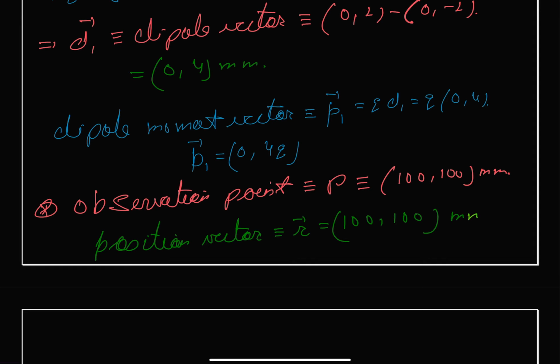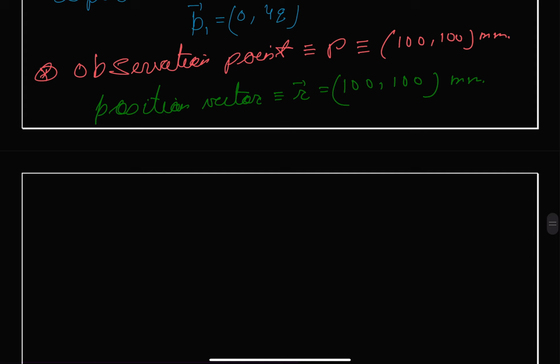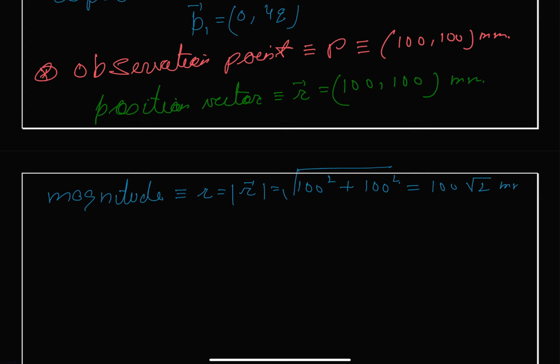We can easily find its magnitude. The magnitude of vector R is the square root of 100 square plus 100 square, which comes as 100 square root of 2, in millimeters.